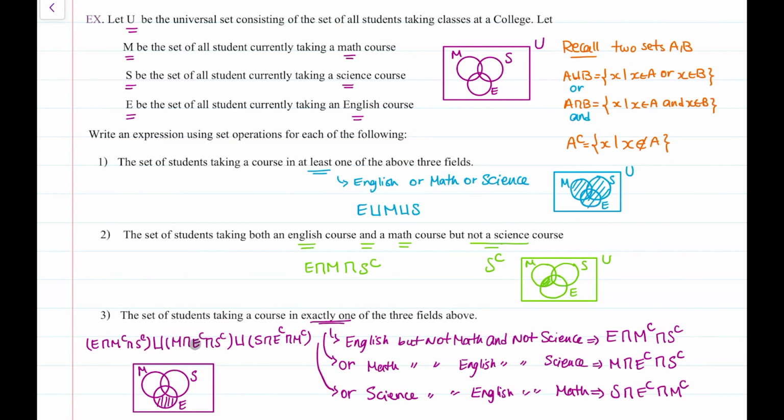Then I have this case, which would be M, all the elements of M that are not in E and not in S. It would be this area. The last one, all the elements of S that are not in E and not in M. So this area. And since I have the union between them, it would be this one diagram. That's it.